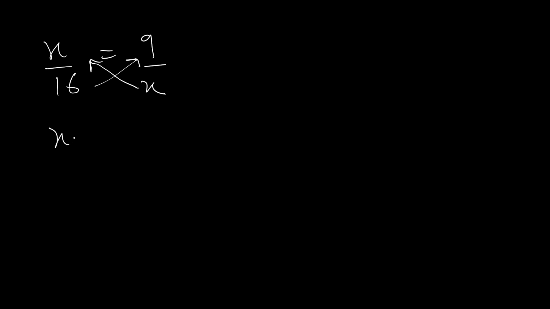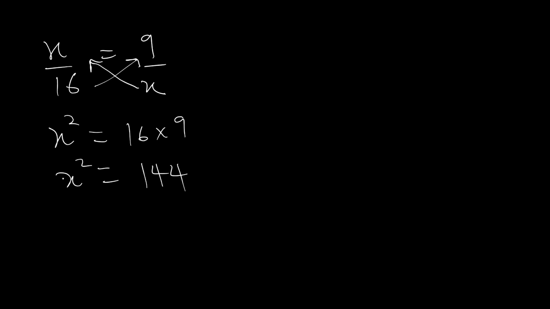So we have X squared should be equal to 16 times 9. Now we know 16 times 9 is 144. So our X squared will be equal to 144.